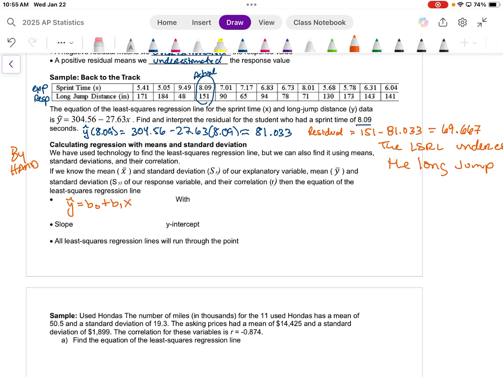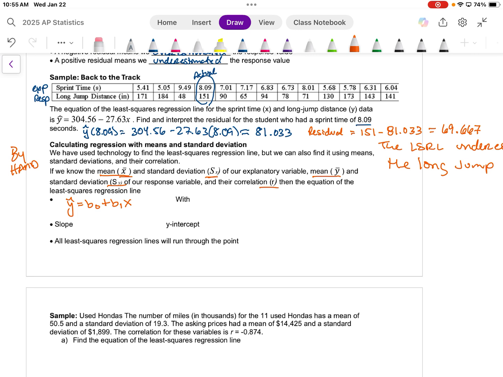Now, they're going to tell us the mean and the standard deviation of the x variable. They're going to tell us the mean and standard deviation of the y, the response variable. And then they're going to tell us the correlation.